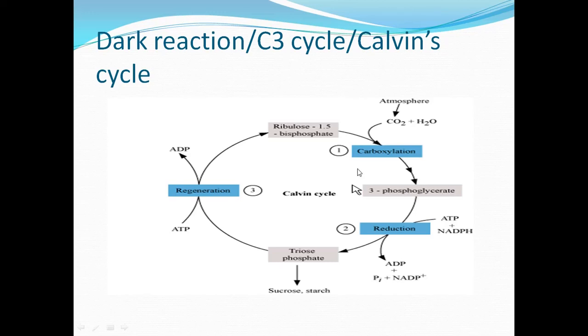This reaction is catalyzed by an enzyme called Rubisco. Rubisco is the most abundant biomolecule in the entire biosphere.